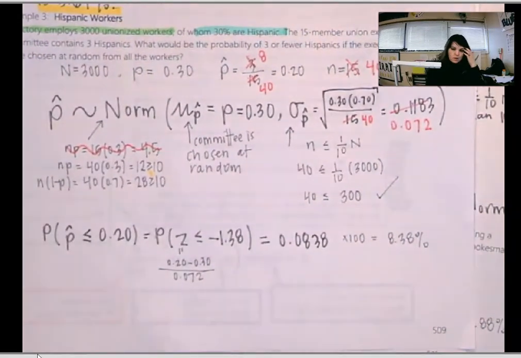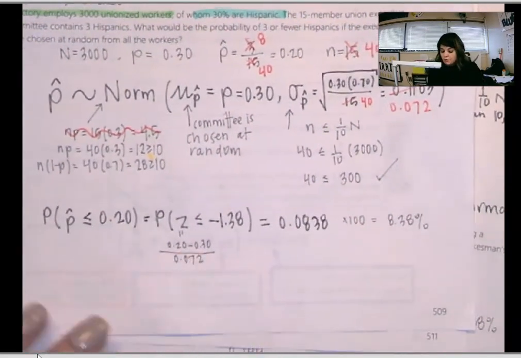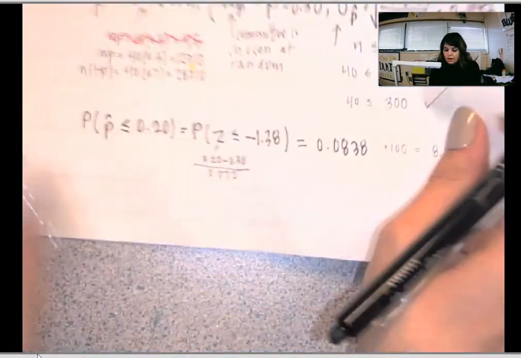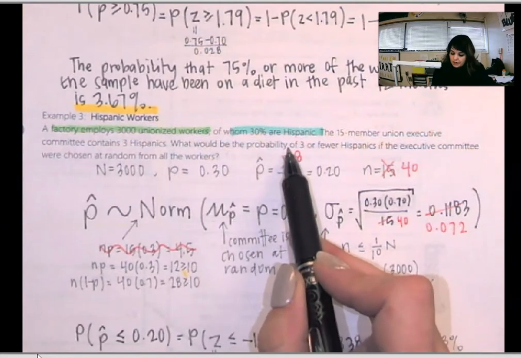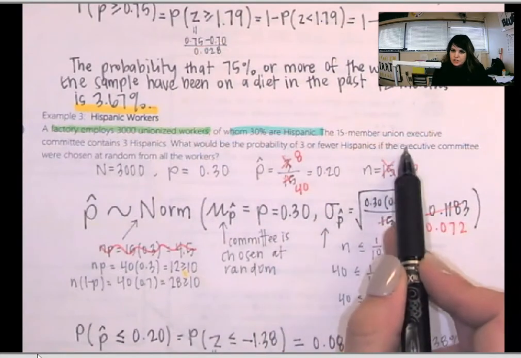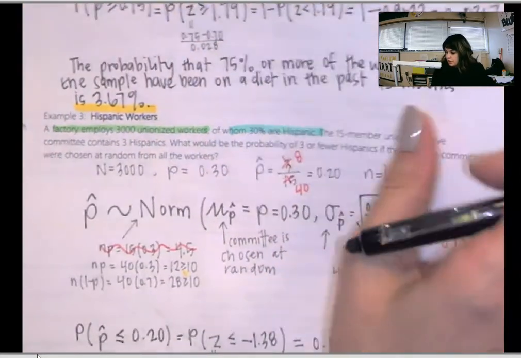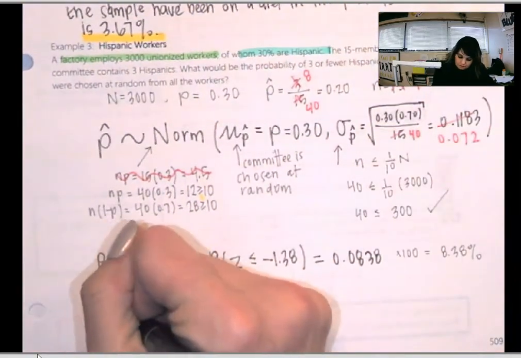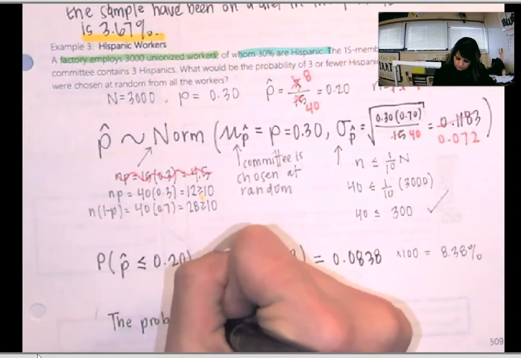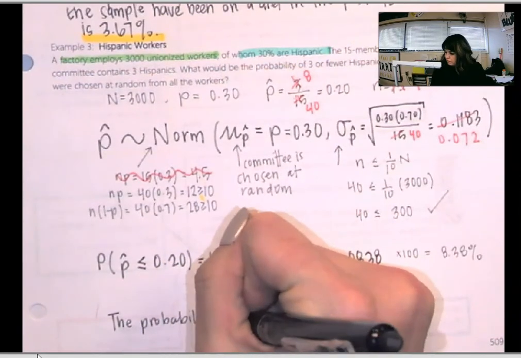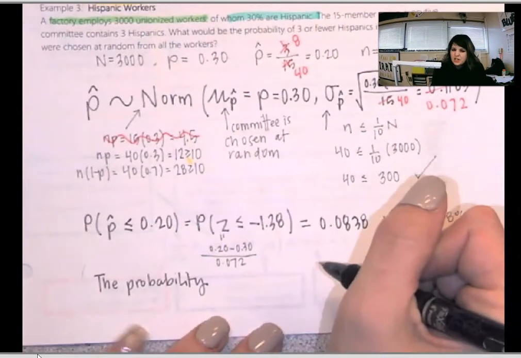So now I just finished this problem by formalizing my answer or writing my answer out. And I typically just take it straight from the question. So the probability, and I think I might change it just a little bit.